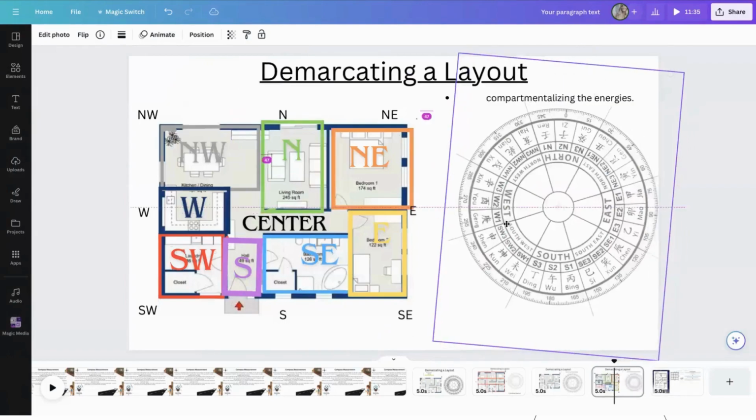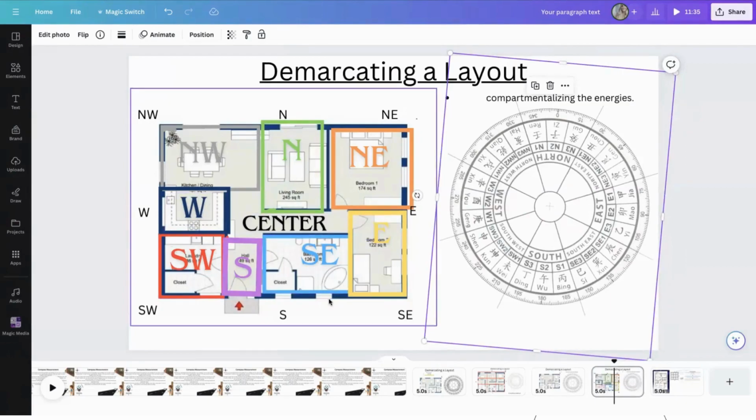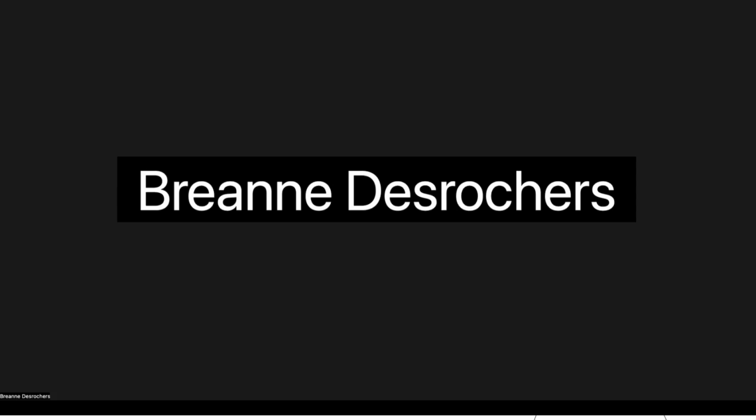And as you can see, you can match up the energies with the 24 mountains. In terms of compartmentalizing, we don't just put the energies anywhere. They need to correlate with the correct directions. But that's how we would compartmentalize a layout.